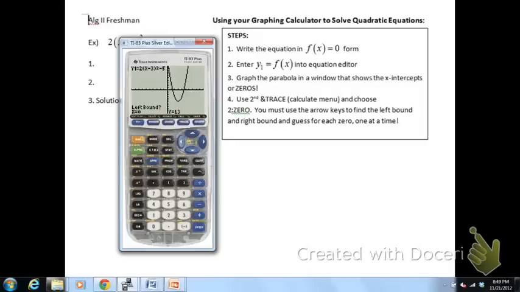Now this is where I'm talking about. It's going to ask you for the left bound of your 0. So let's assume that we're going to try to find this 0 here first. The left bound just means you have to select a point, any point that is to the left of that coordinate. So that means if we're on the parabola, we'd have to be somewhere up here. So your job is to use your cursor and try to select any point that's there. Now, I know where I'm at right now based on these coordinates.